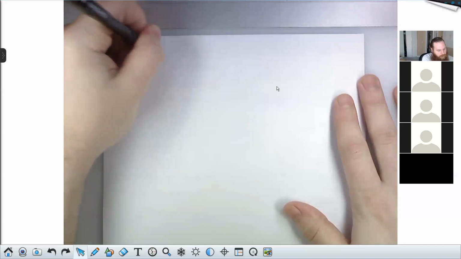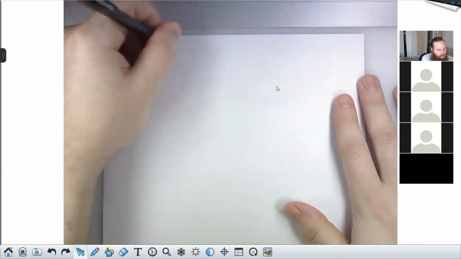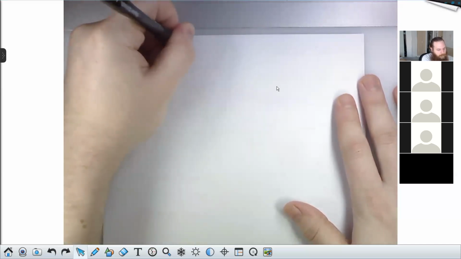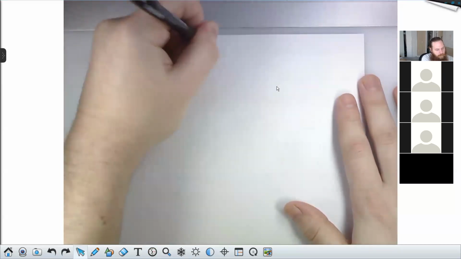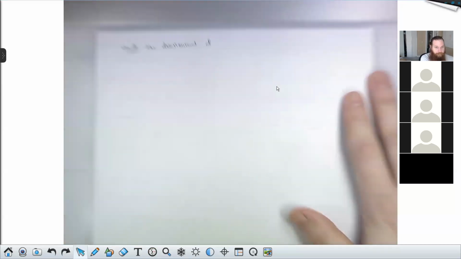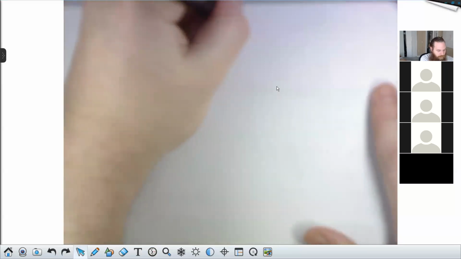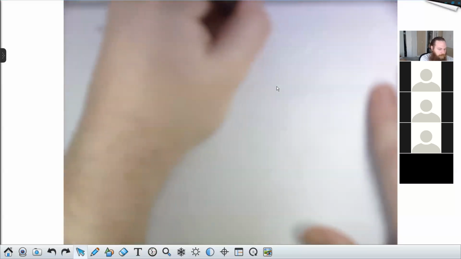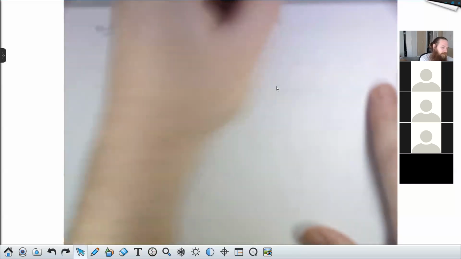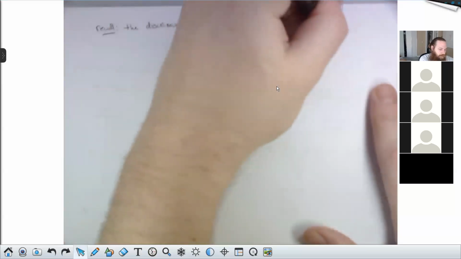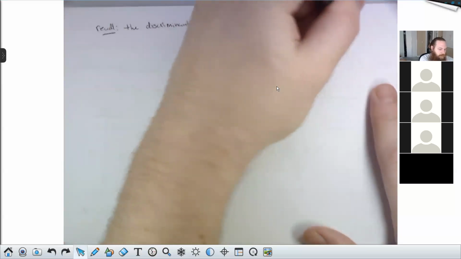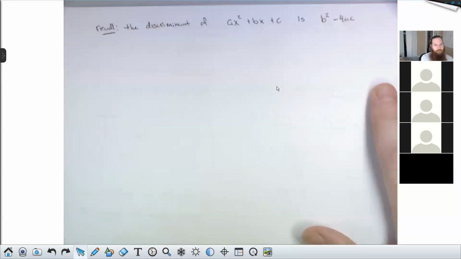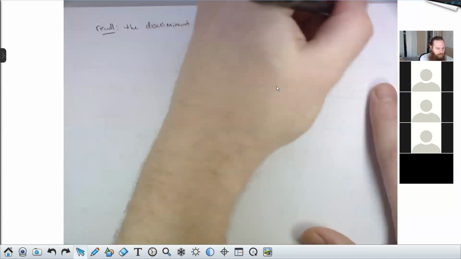Recall that the discriminant of ax squared plus bx plus c is b squared minus 4ac. This piece right here is what we call the discriminant.